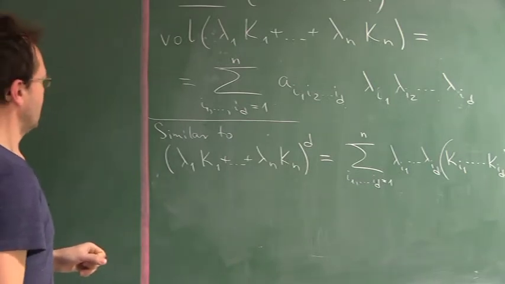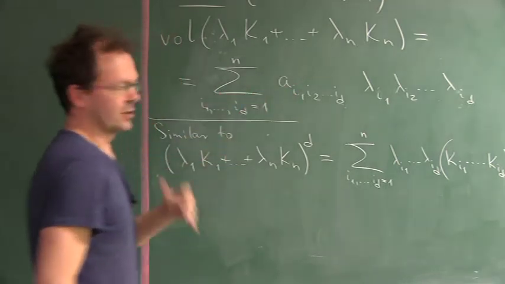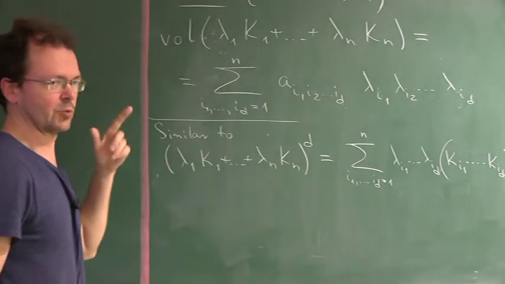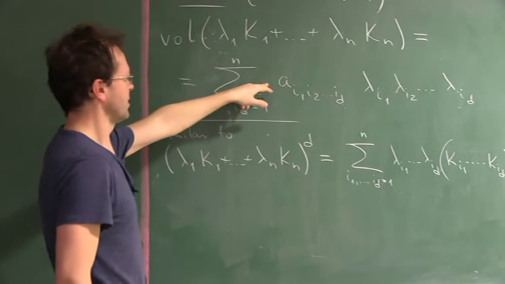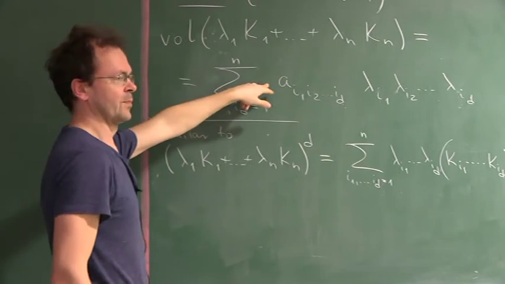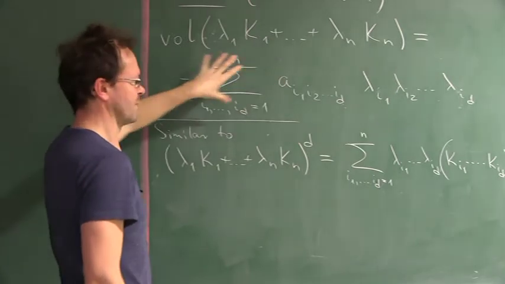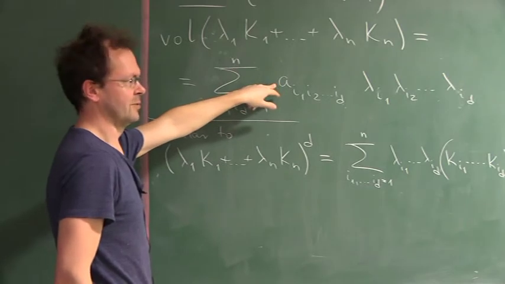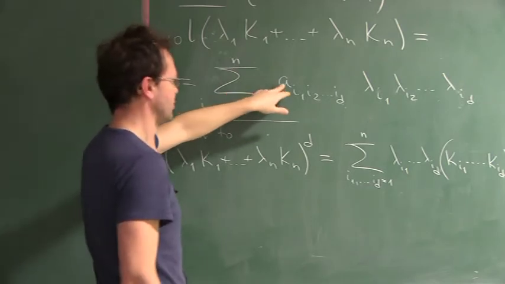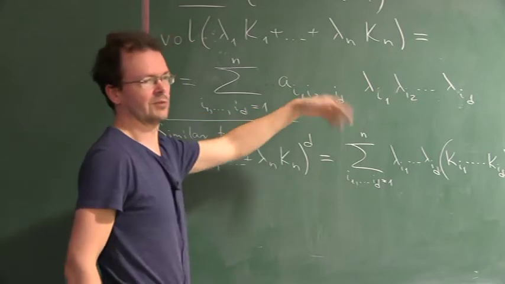Okay. These coefficients are called the mixed volumes. But one has to do one more thing here, because in fact the coefficients are not completely determined by the function. If one requires that the coefficients are symmetric in the indices, then they are uniquely determined.